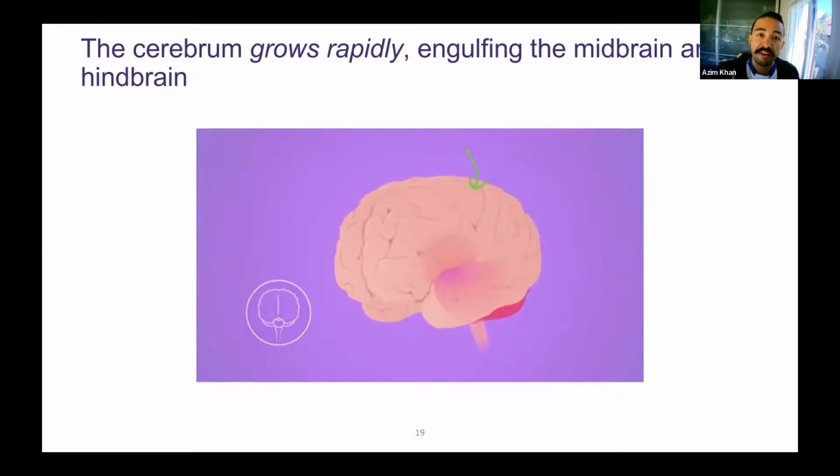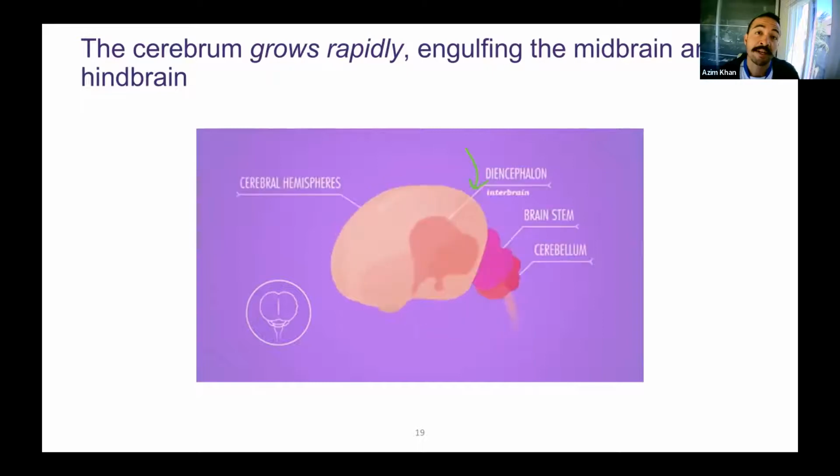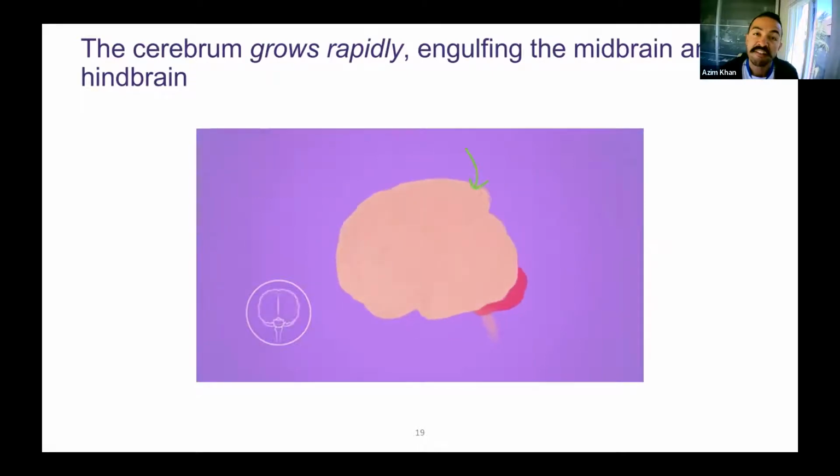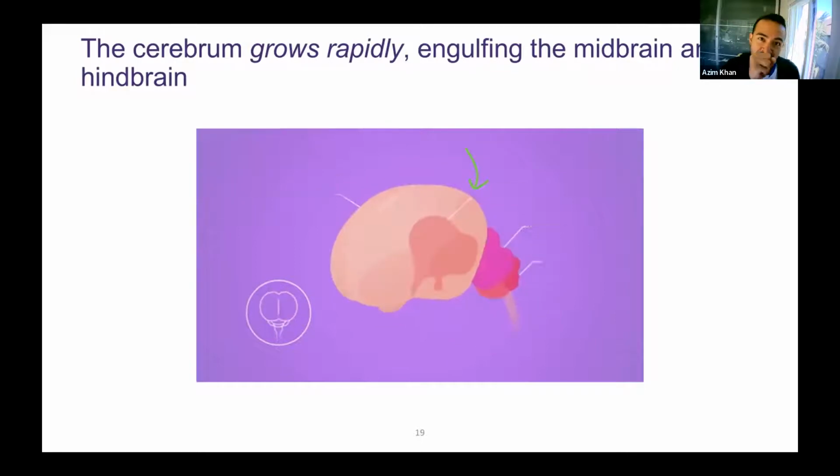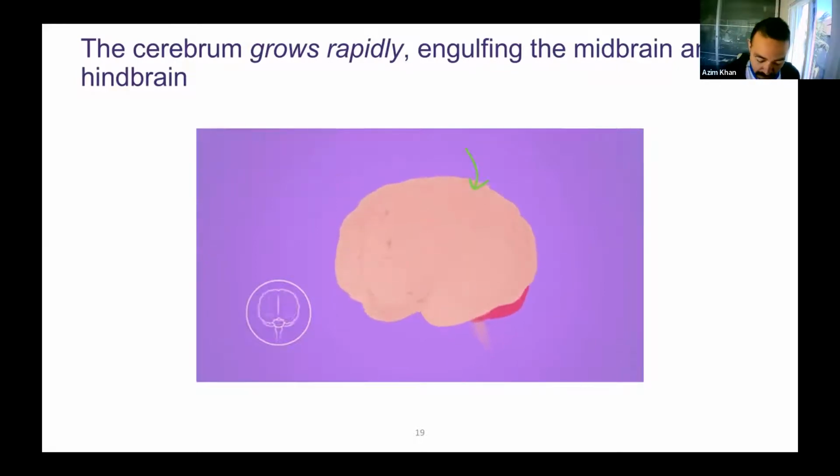That's a space-saving method of fitting as much tissue as you can in one spot without increasing the size of that space. That's why there are folds, to maximize surface area, maximize how many neurons and glial cells can fit in a contained space. Think about if you have paper, you can fit more paper in one space if you crumple it up and ball it up really small. That's what's going on here.